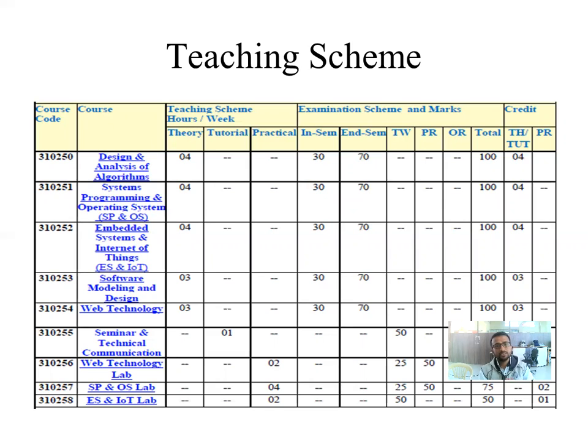The passing criteria for in-sem examination will be 12 marks, and for end-sem examination it will be 28. So out of 100, you just have to secure 40 marks to pass in your software modeling and design subject. Okay, so this is nothing but the teaching scheme for the subject that we are going to learn in this third year second semester.